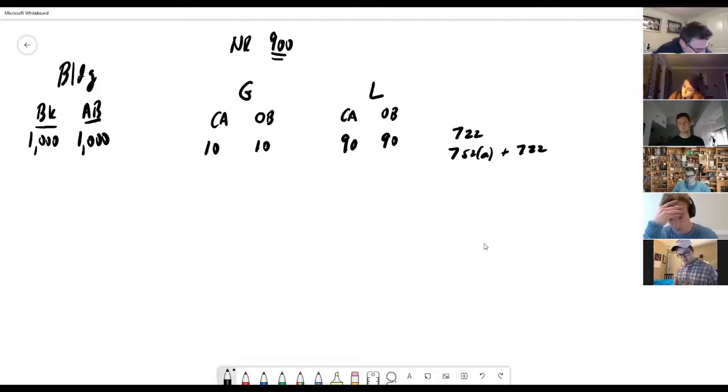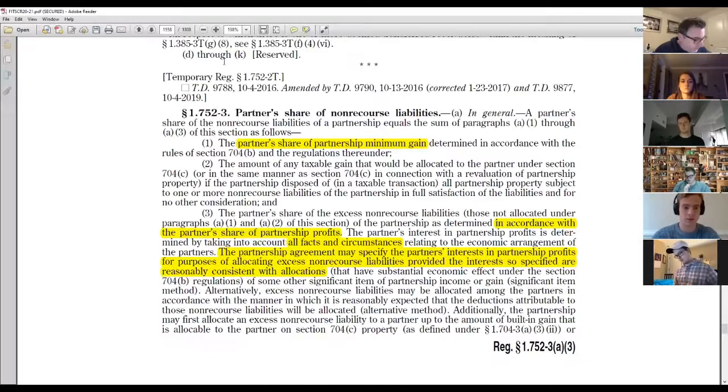Where does that debt go? Is it all G's, all L's, split? How do we do it? So we've got to go through the -2 analysis first, figure out, does any partner bear the economic risk of loss? So let's go back to 1.752-2 for a second, tie up a loose end there.